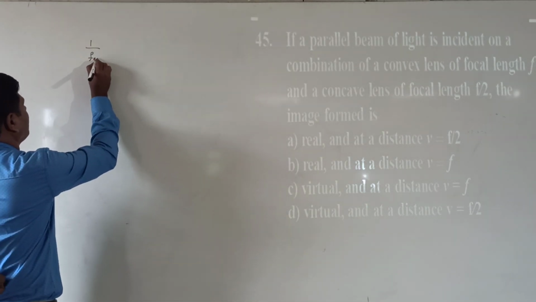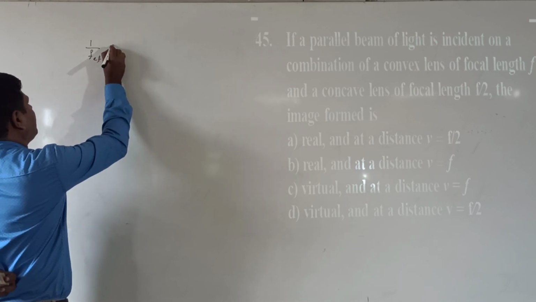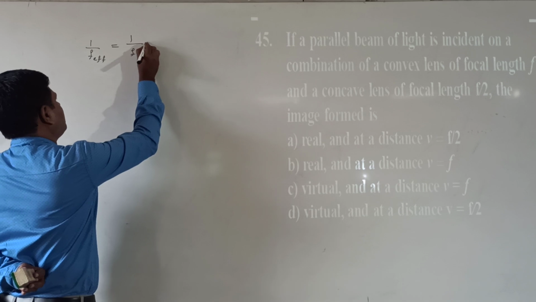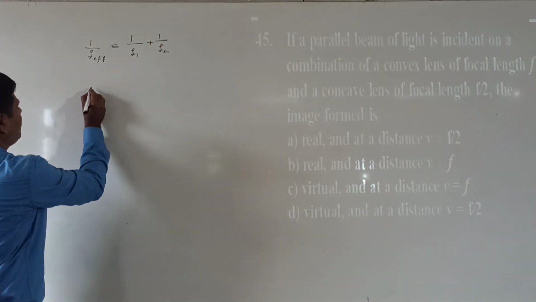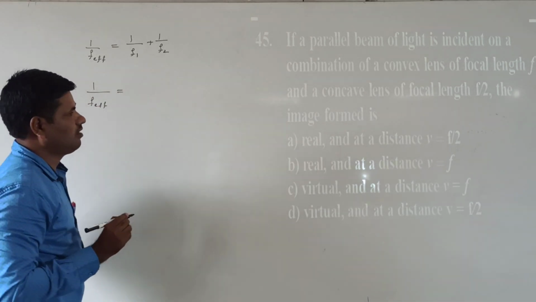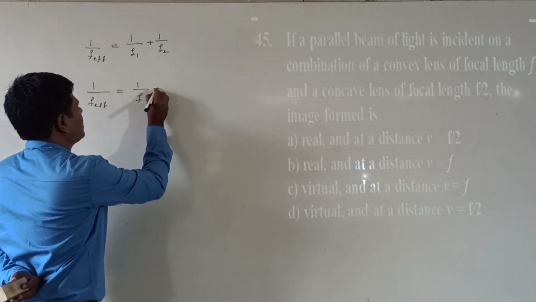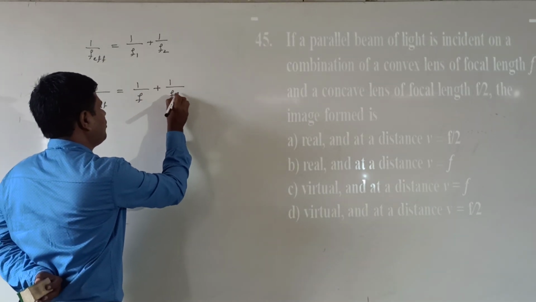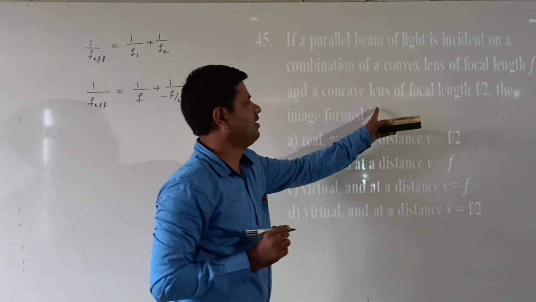We know the effective focal length is given by 1 by f effective is equal to 1 by f1 plus 1 by f2. The first focal length is f, and the second focal length is f by 2, which I consider as negative because it is a concave lens.